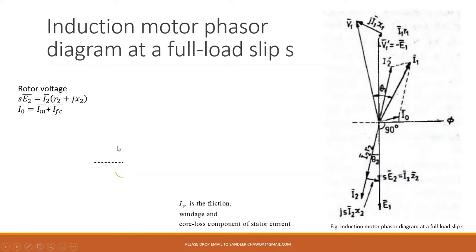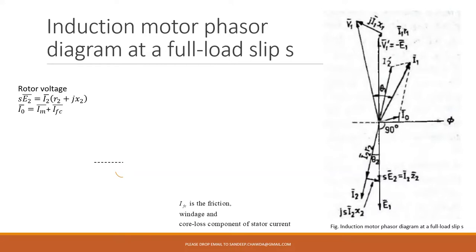See here your rotor voltage, that will be given by this one, S E2. The slip is going to come into the picture, S will be there. So your EMF which you have drawn in previous case, that was just plain E2. Here it will be S times E2. Remember this.